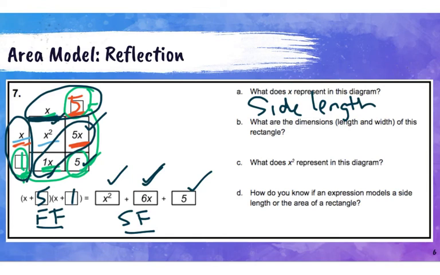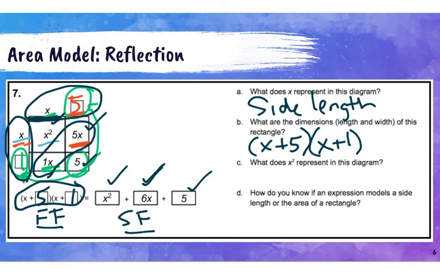All right, what are the dimensions, the length and the width of this rectangle? And that means the entire rectangle. So that would be my factored form: x plus 5 is the length, and x plus 1 is the width. All right, what does x squared mean? So x squared is the area of x and x.